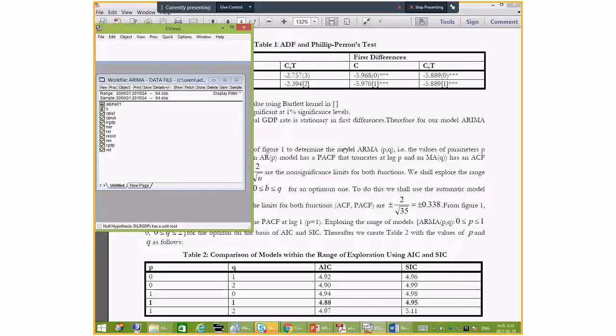Right, then what is the value for that? The square root of 64 is 8, so 2 divided by 8, that is 1 divided by 4.